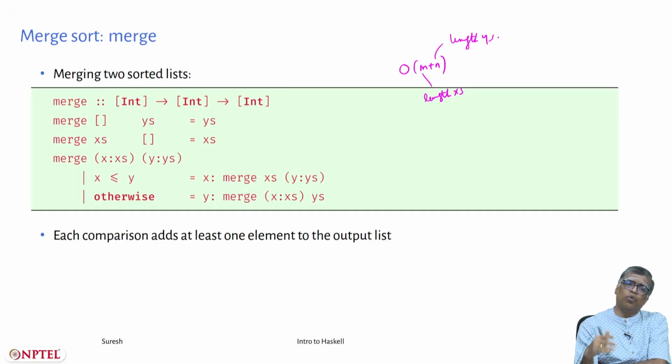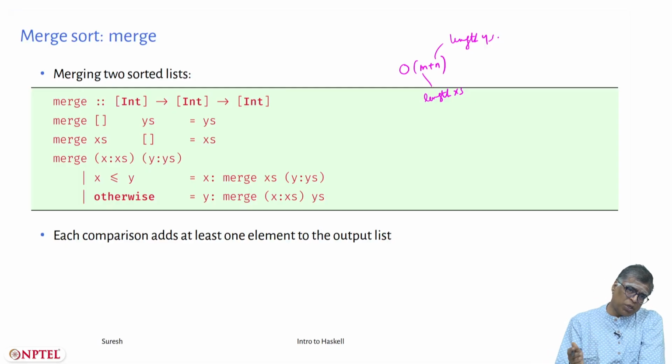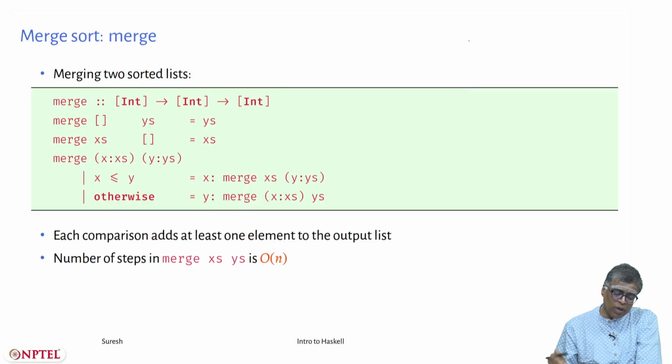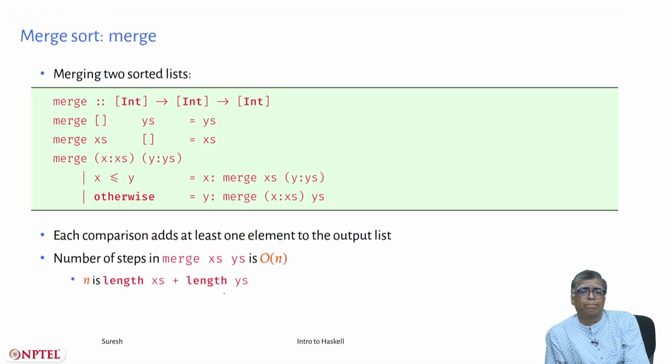They will all be sent to the output, one on each step. So you will get order m plus n as the time required for merging two lists. Here I am expressing it as order n, where n is the length of xs plus the length of ys.